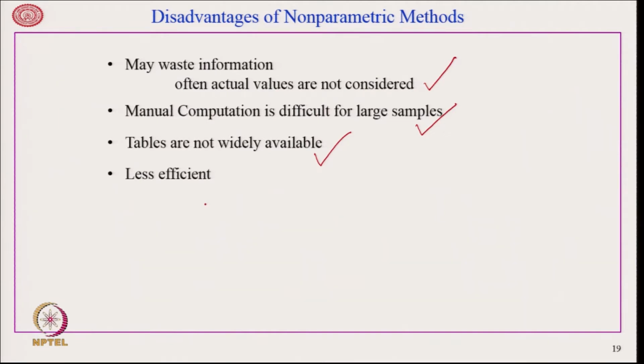I will give you links, and I shall also give examples of how those tables are read when you want to use them for your inferencing purpose. And definitely these are less efficient. If you can do something with a t-test or z test, that is going to be much more efficient. To achieve the same efficiency level with non-parametric methods, you may need a prohibitively large sample size.